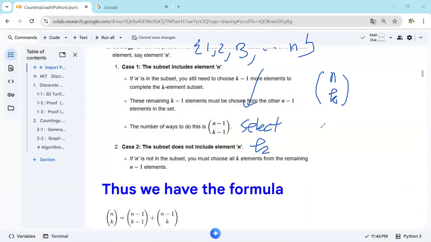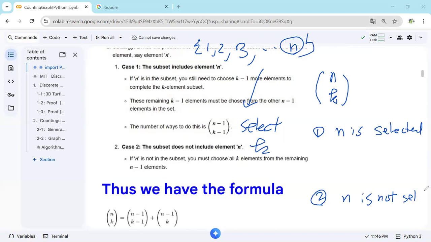Then there are two cases. The first case: the last one, n, is chosen, so n is selected, and the second case is n is not selected. Okay, so when n is selected, then you must select k minus one more elements from the rest. So n is already selected.